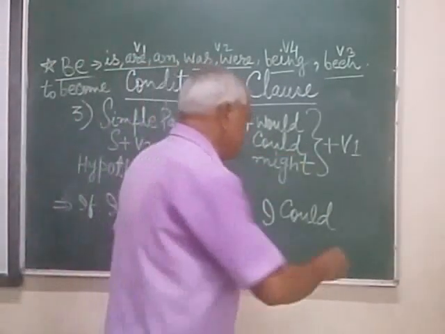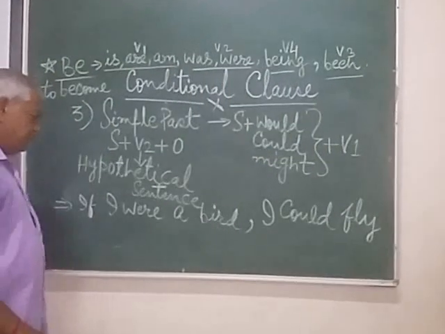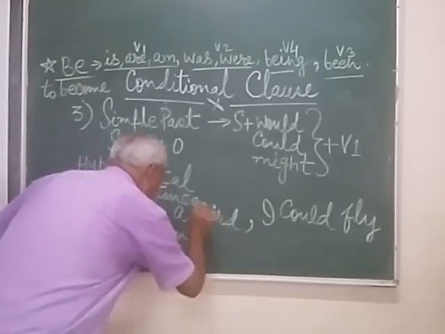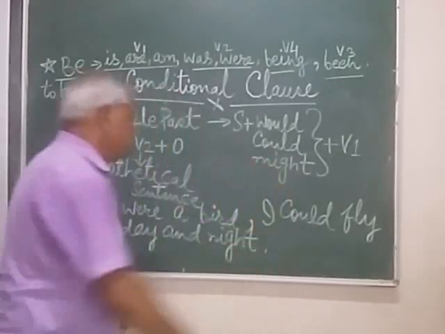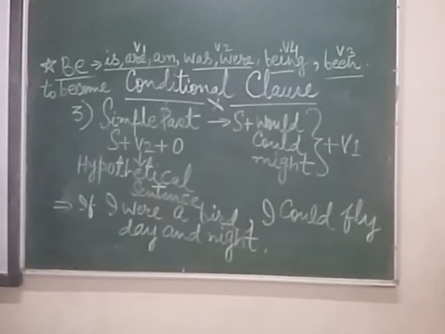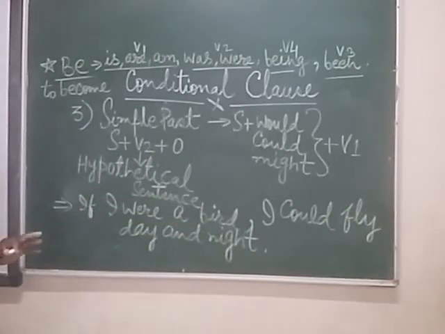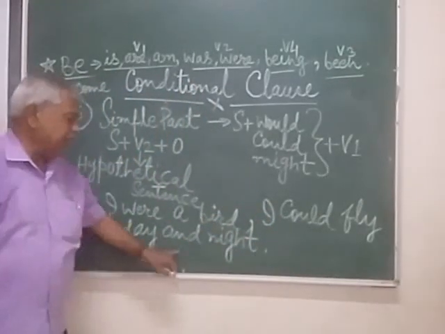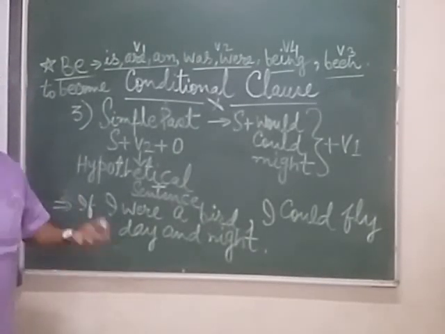Then V1, that is fly. And then day and night. So now the sentence formation. If I were a bird, यदि मैं चिड़िया होता, I could fly day and night. मैं दिन रात उड़ता.